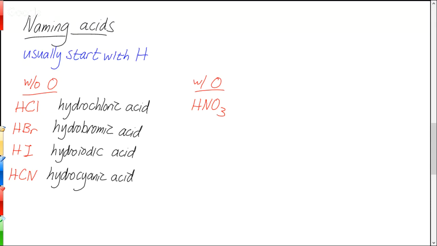What's NO3 as an ion? -1. Nitrate, yeah. So you take that name nitrate, and you put the ic on the end, and you make this nitric acid. So it comes from nitrate.